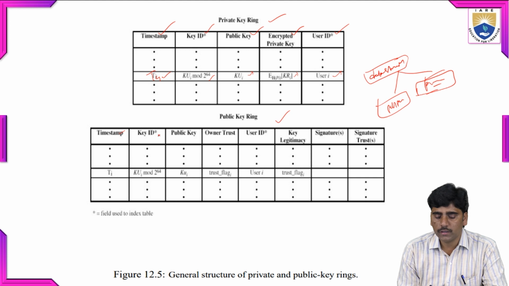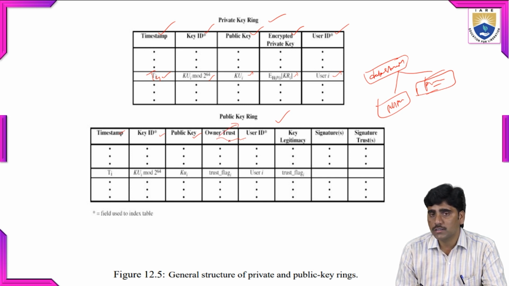Timestamp, key ID, public key, then next owner trust, that is nothing but digital signature and verification. Then the next user ID, the next key legitimacy, the next signature trust. So signature for the user and signature for the trust.